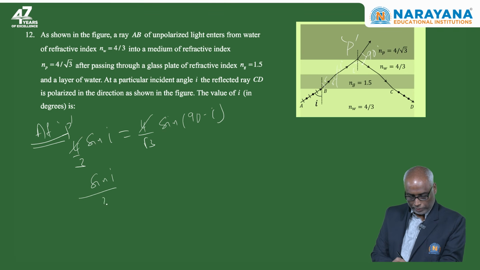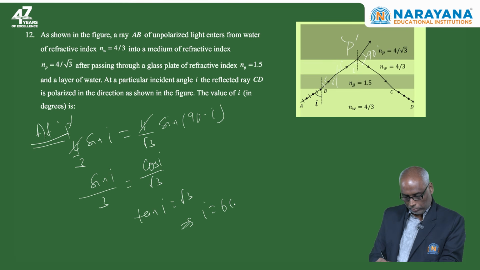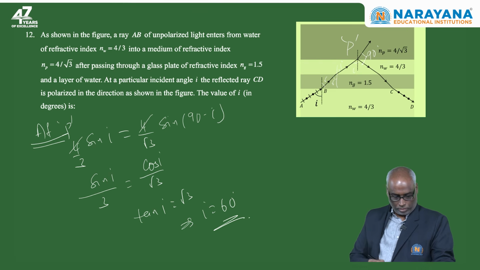Sin I divided by 3 equals cos I divided by root 3. Tan I equals root 3. This implies I becomes 60 degrees. This is the angle of incidence I. Next question.